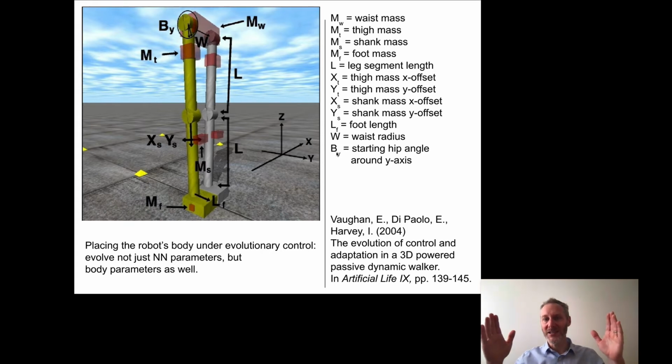As you've probably guessed by now, we're going to take all of these parameters and put them in a vector. We're then going to create a population of different random vectors. We're going to take each random vector, pull all the parameters out of that vector and use it to construct the biped in the simulator and watch how well, if at all, that particular biped walks down the declined plane.